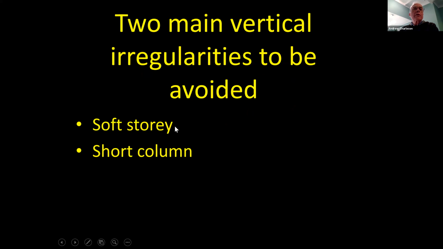The most serious is called the soft story, and the second is called the short column irregularity. So you have got to check your designs that you haven't got one of these happening. And I'm going to explain what they are and give you some solutions.